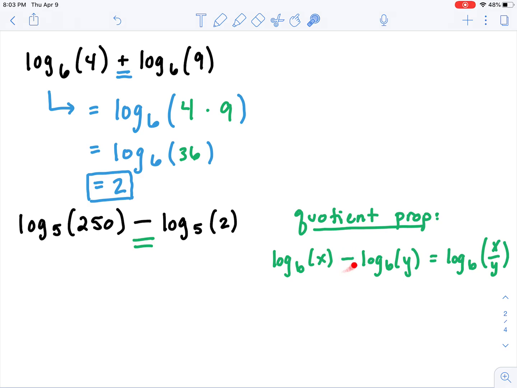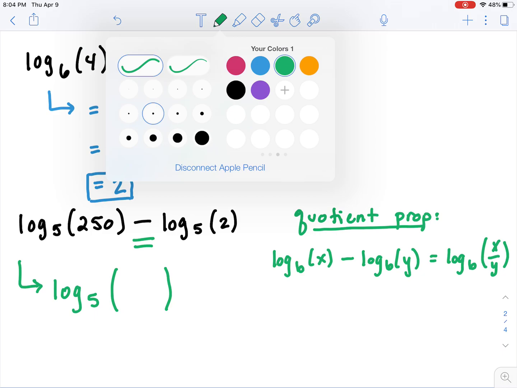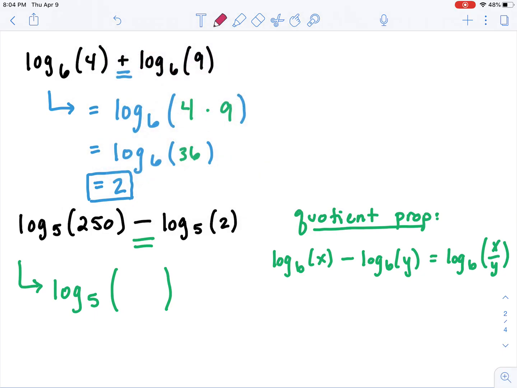So subtraction outside the logs is the same as division inside the logs. Okay, so let's see how that works here. Log base 5 of 250 minus log base 5 of 2. I have subtraction, so I can use the quotient property to combine those. I get log base 5 of, and now I'm going to divide my answer numbers inside. So I get 250 divided by 2.